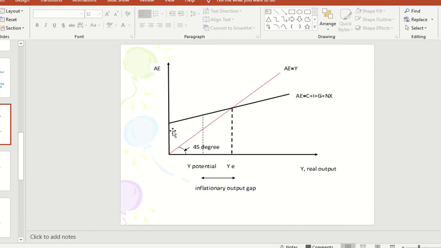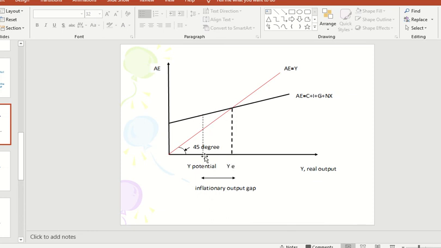We have this aggregate expenditure function, which is the bold black line here, and then the 45-degree line through the origin. The intersection between these two lines gives us the equilibrium output level, which is often assumed to be the current output level unless we are otherwise told.